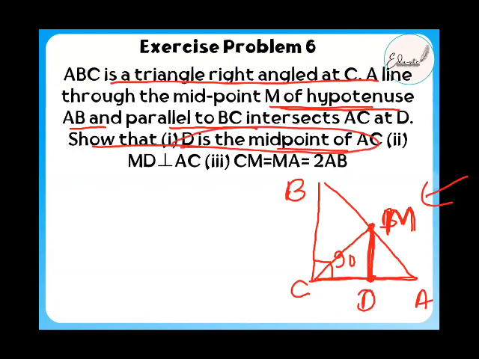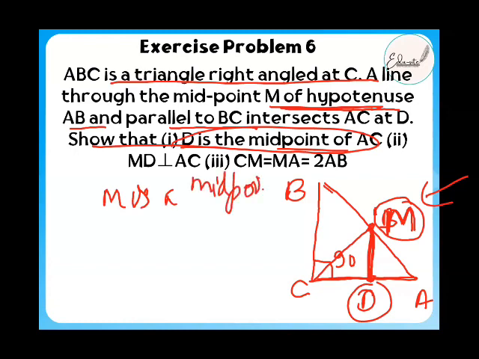How will you show that D is the midpoint of AC? Laiba, you just have to apply the midpoint theorem in the triangle ABC. If M is a midpoint, it's already given. If M is a midpoint, then what comes into the picture, beta?